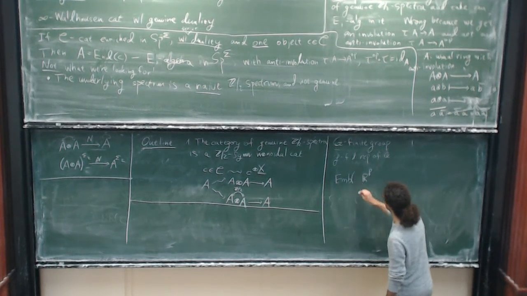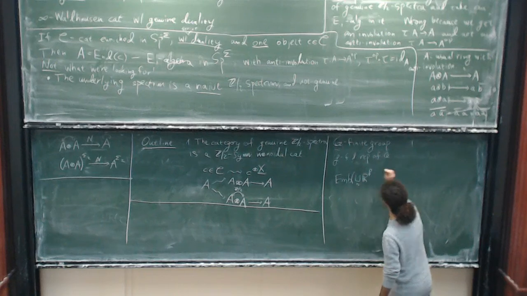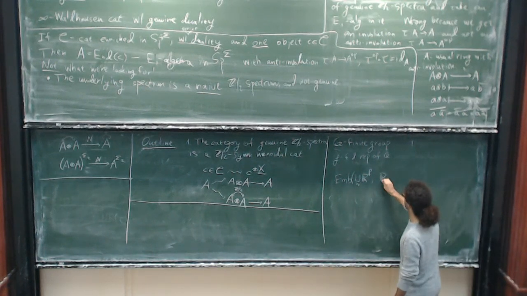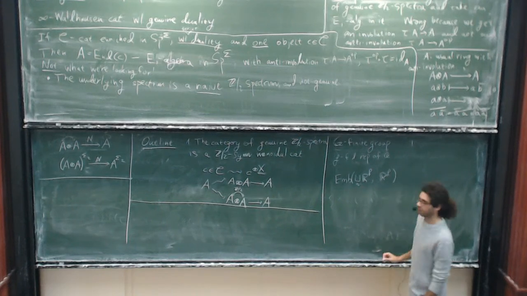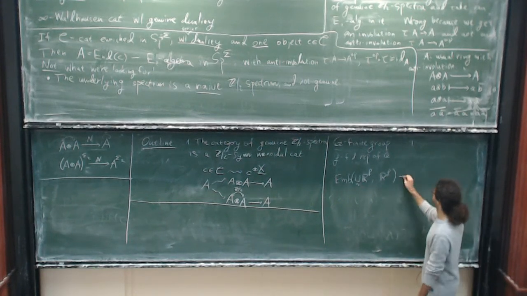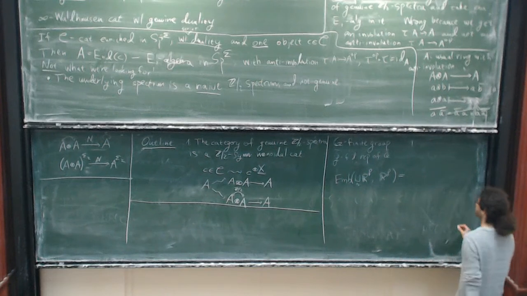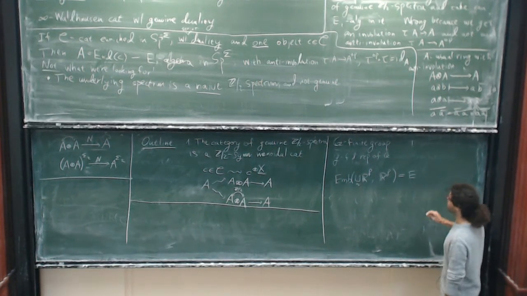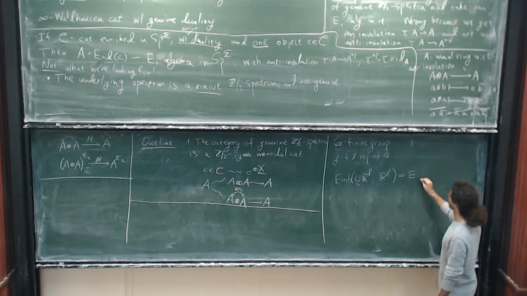Let's take embeddings of n copies of R rho into R rho. So this will be, well, I'm kind of contradicting myself now. I will explain. So this will be E rho at level n.